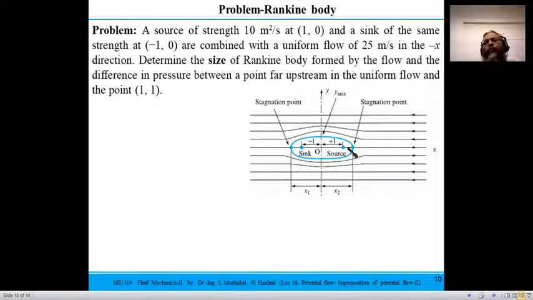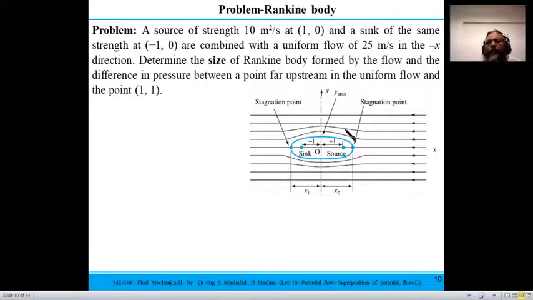This is something we have to work out, along with the difference in pressure between a point far upstream in the uniform flow, and somewhere here at a distance of one unit, I have to work out the difference between the free stream pressure and the pressure at that point.